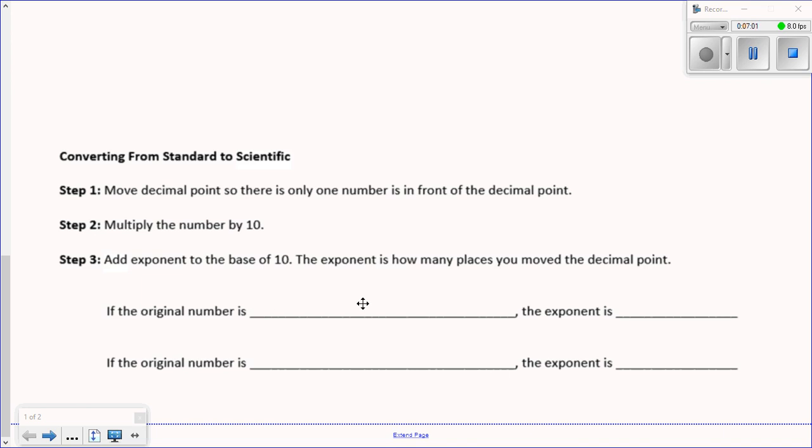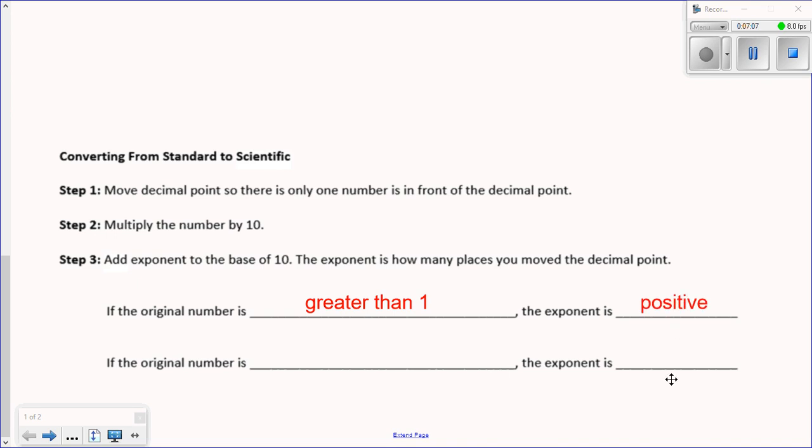So if the original number is greater than 1, the exponent is going to be positive. So that means if it's a big number, basically. If you're making it smaller by moving the decimal point to fit into this step, the exponent is going to be positive.